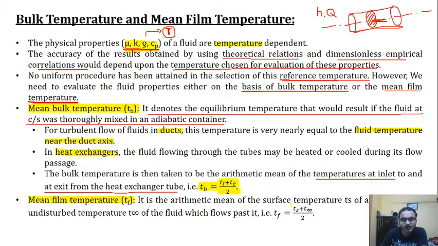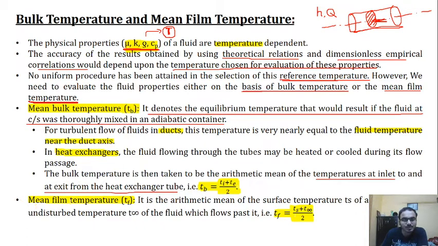Now the next temperature is the mean film temperature, TF. It is nothing but the arithmetic mean of the surface temperature of the solid, that is Ts, and the undisturbed fluid temperature T infinity of the fluid stream flowing past the surface.